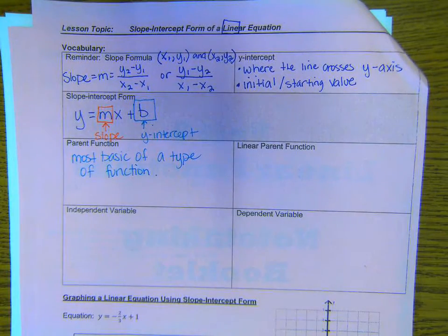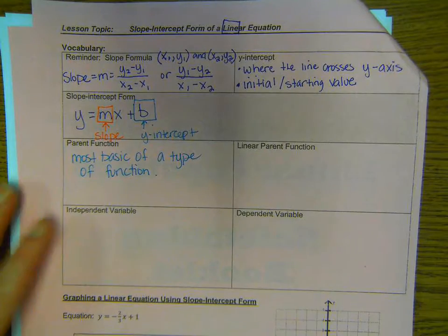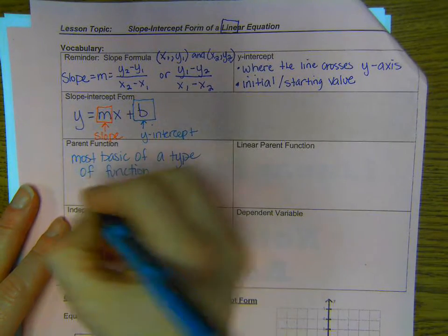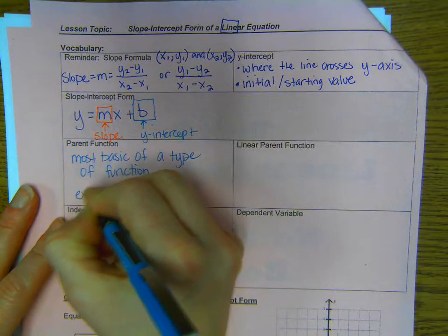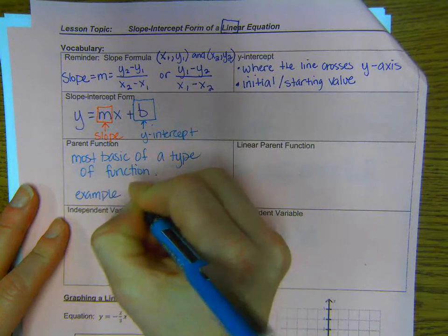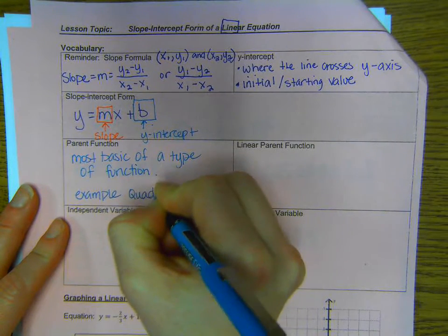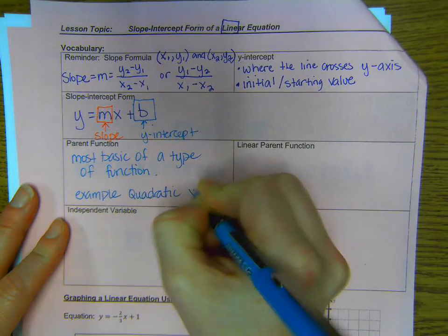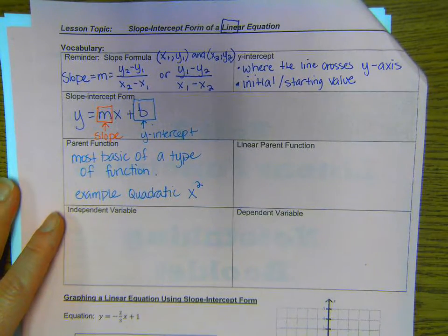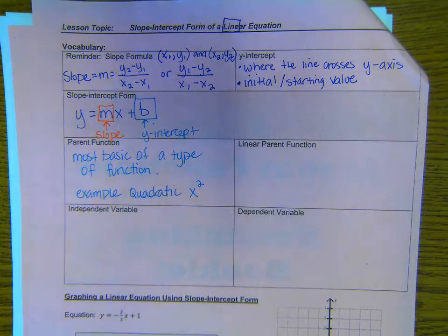For example, probably the most basic quadratic, I would say the quadratic parent function was x squared. Does anybody know? I'm guessing you won't, but maybe.